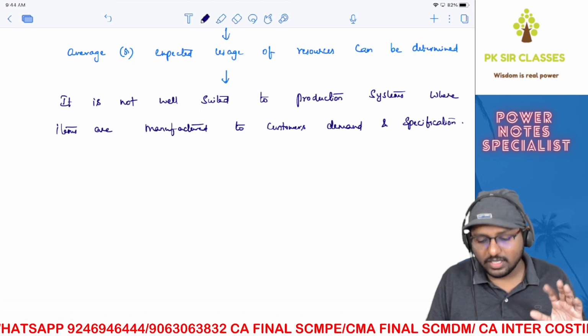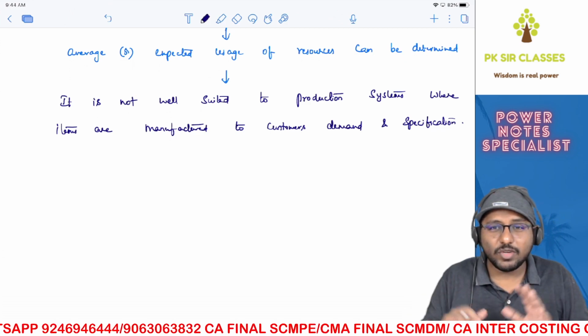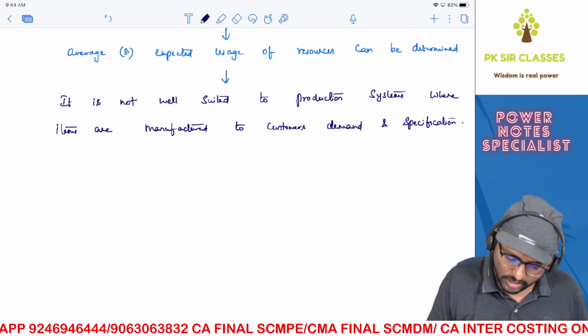So forget about the service sector. Even in the manufacturing sector, where you are manufacturing to the customer's demand and specification, customizing your things, standard costing is not suitable.